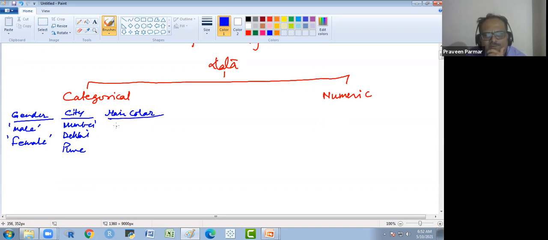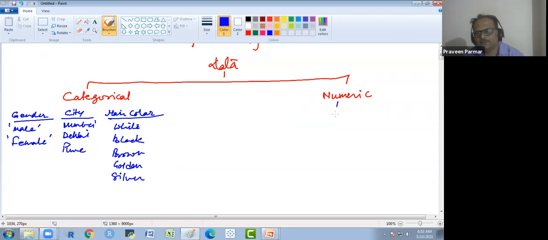It may be white, black, brown, golden, silver. These are all categorical data.